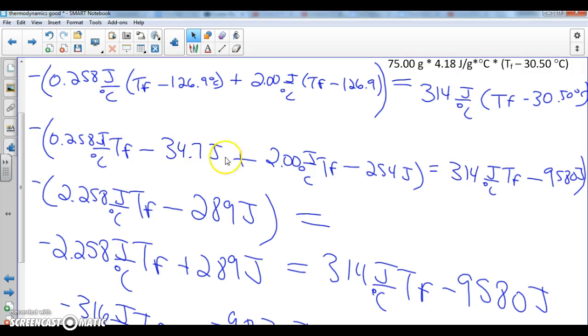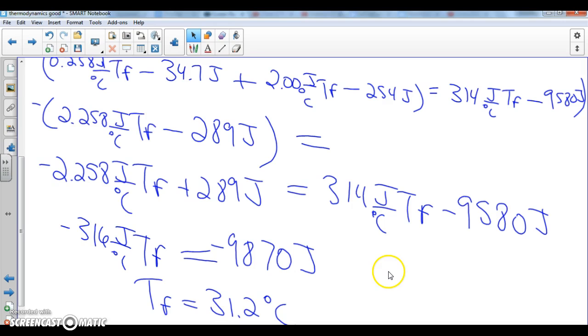And then I added my 34.7 and 254, and I got negative because they're both subtracted, so 289 joules. Okay. So then what I did next down here is I just got this negative taken care of. So I just multiplied through. So this becomes negative, and then since this is a negative times negative, this became positive. On the other side, I just carried the other side down from here to here, because there's nothing to do there yet.